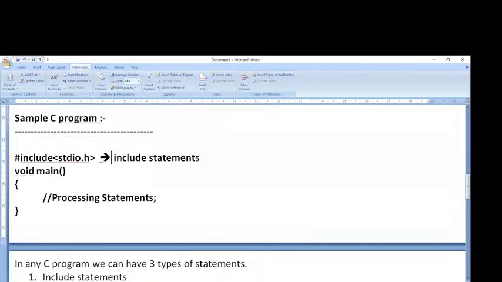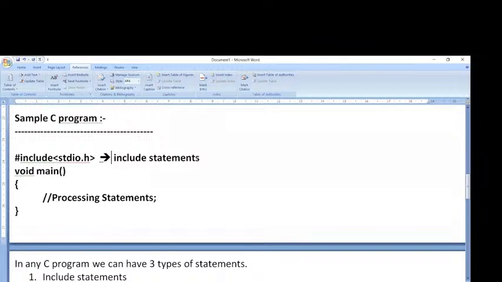This line executes before the main method, so it is called preprocessor. Processing means execution, so preprocessor means it will be executed before the main method, at compile time.